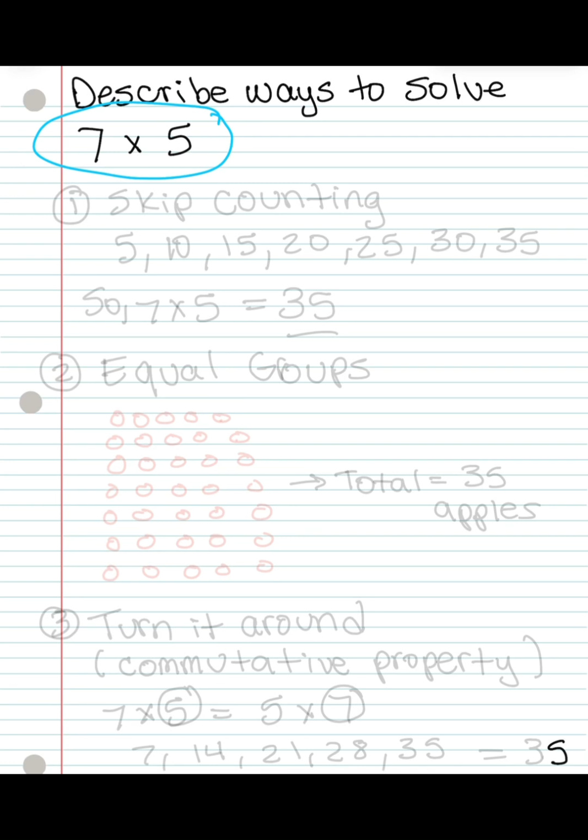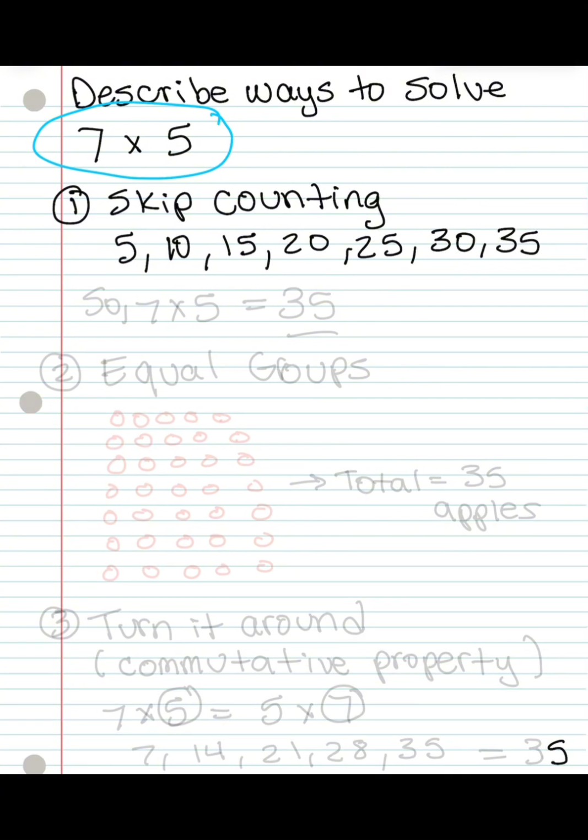So one way would be what's called skip counting. And that means counting by 5s 7 times. So you'd have 5, 10, 15, 20, 25, 30, 35. So you counted by 5 7 times.